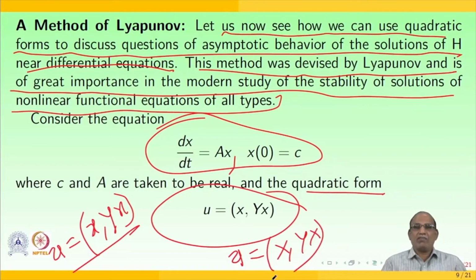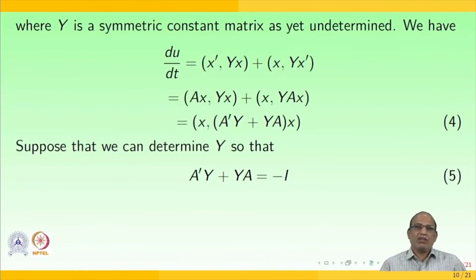This is the quadratic form. Now we would like to see what the form of Y is and how it influences the system, where Y is a symmetric constant matrix, as spoken, and it is yet to be determined.